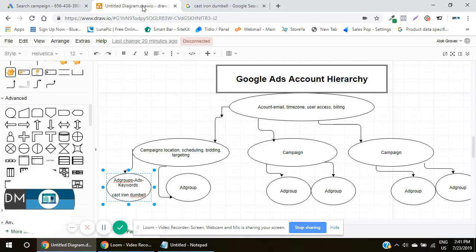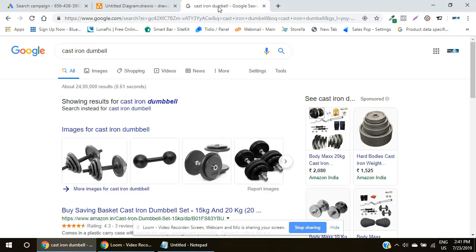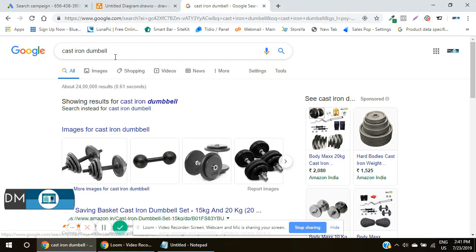Guys, this is something you should keep in mind, because otherwise you would not be able to figure out why it is used interchangeably. So in this case, cast iron dumbbell for me as an advertiser is a keyword, and for you as a searcher is a search query. Now both the search query and the keyword are matching and my ad gets displayed.